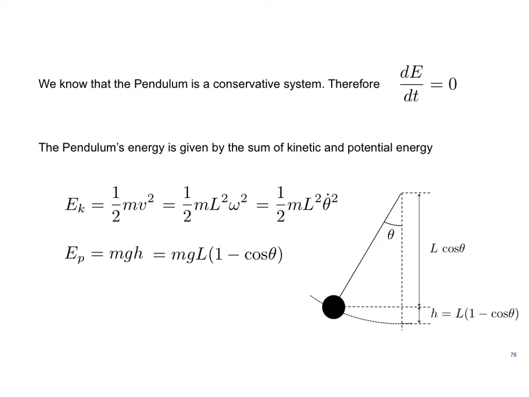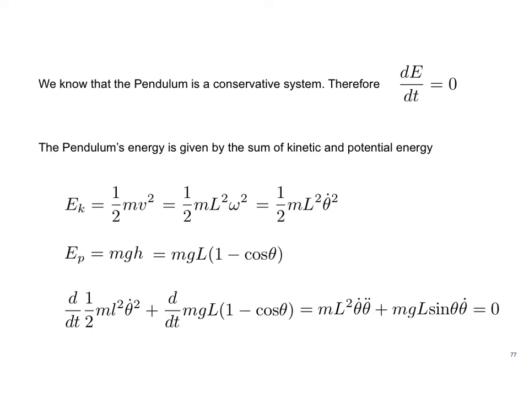And this h is what defines the potential energy in here, mgh. Now we add the potential to the kinetic energy, and we know that they have to remain constant, which means that the derivative of Ek plus Ep has to be 0.